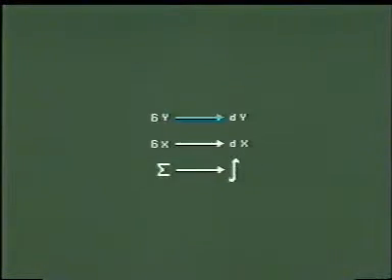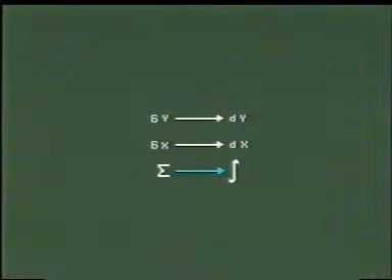Delta y and delta x are replaced by dy and dx respectively, and the summation sign sigma is replaced by sign of integral, which is the first letter s of the word summation occupying less space.